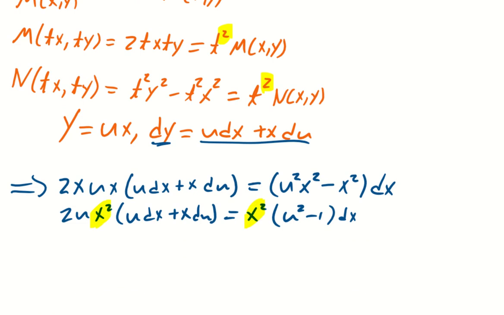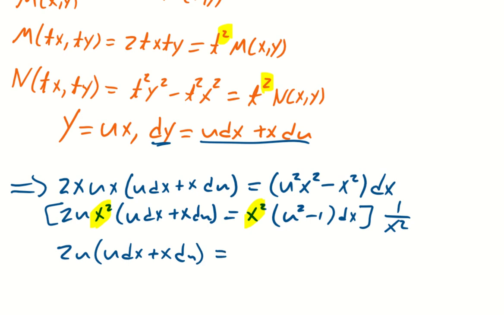It's of degree 2. If we divide both the left-hand side and the right-hand side by x squared, we can simplify this. Or in other words, we can just multiply this entire equation by 1 over x squared. And so we have 2u times the quantity u dx plus x du. And on the right-hand side, we have the quantity u squared minus 1 dx.